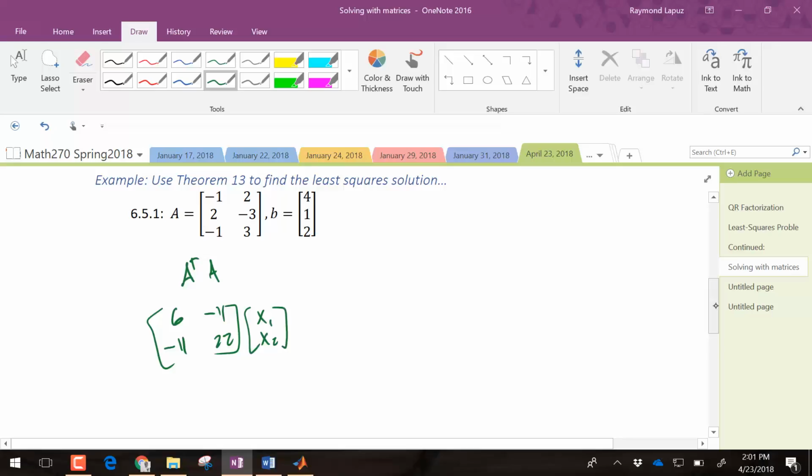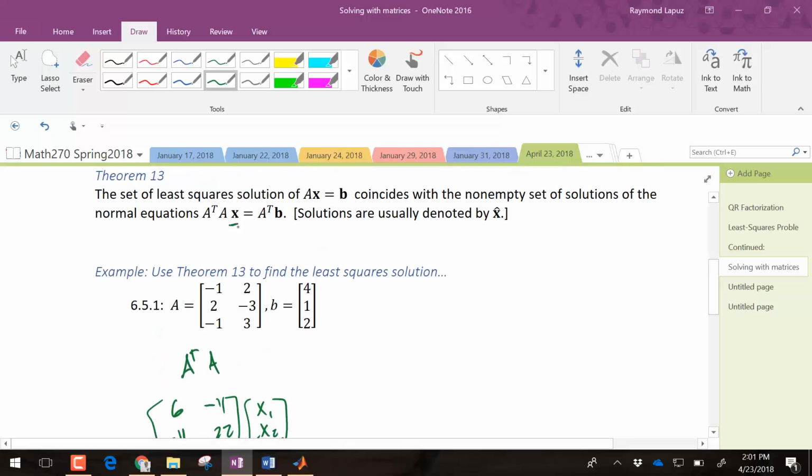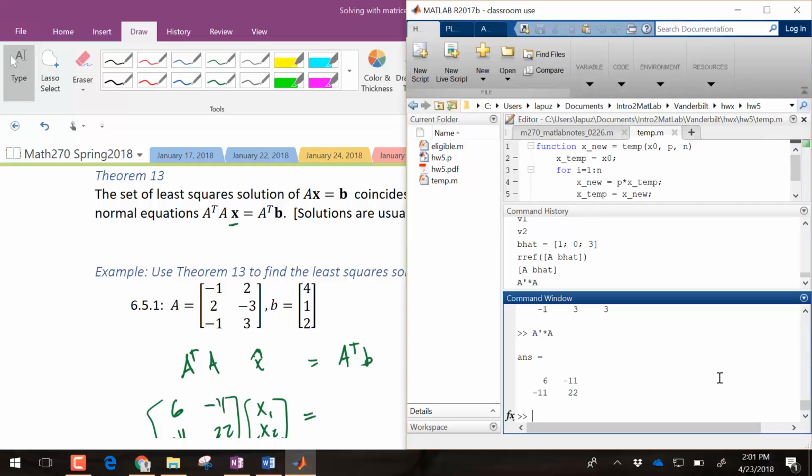The x, y is unknown right now. And then we want A transpose times B. So A transpose times B is -4, 11.